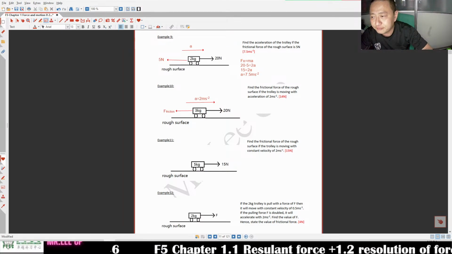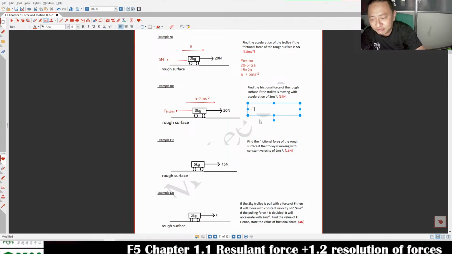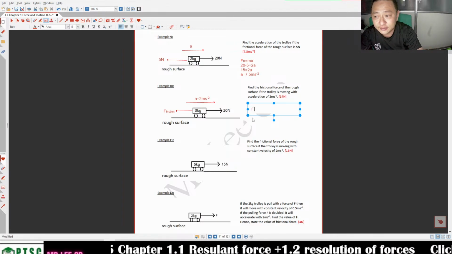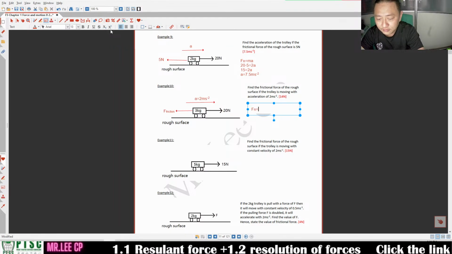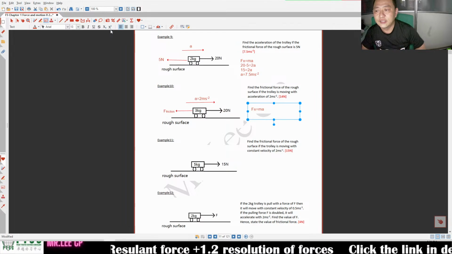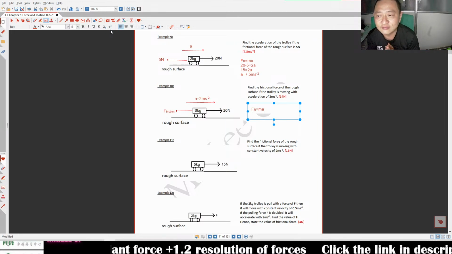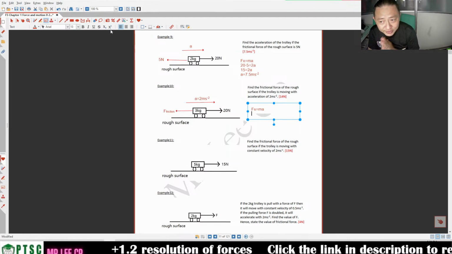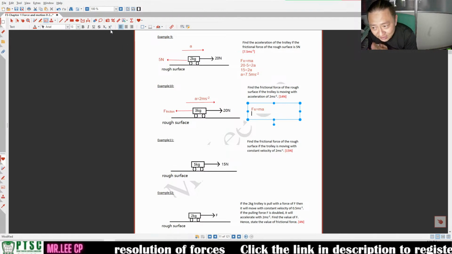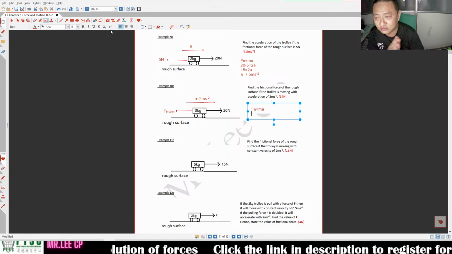Okay. So F is equal to ma. What is F? Big minus small: bigger force minus smaller force.